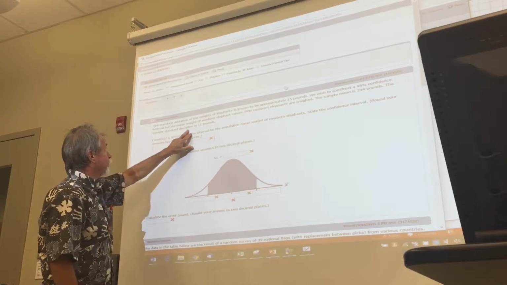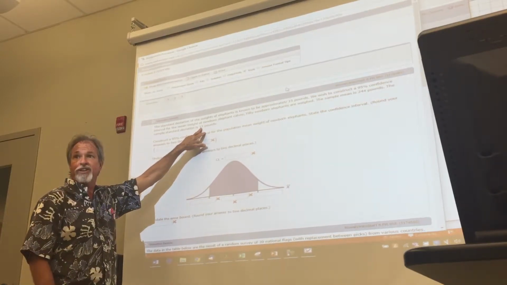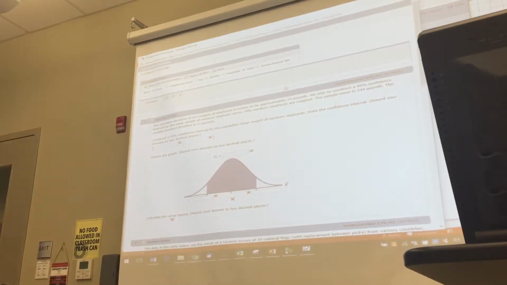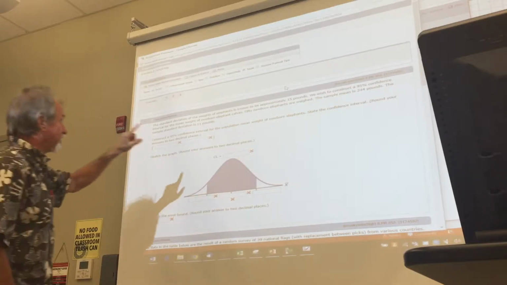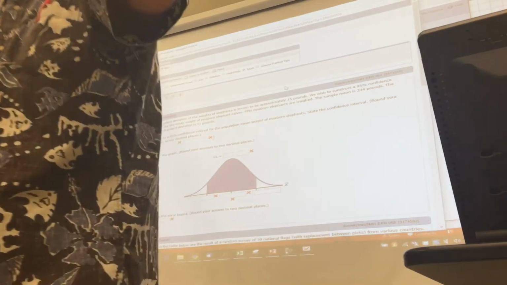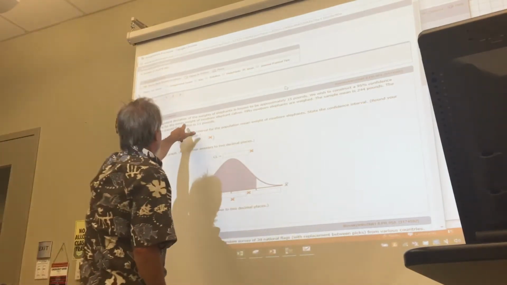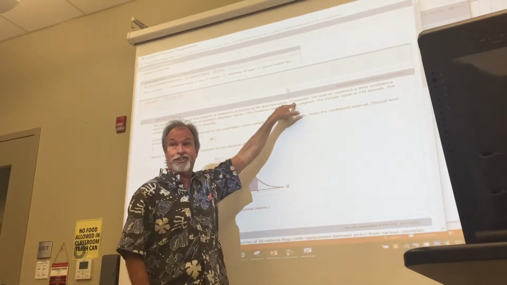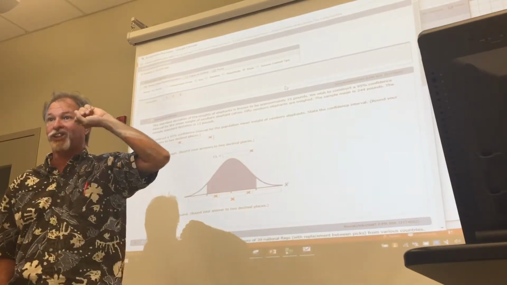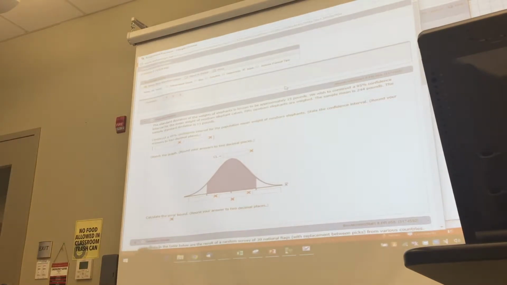And it says that the standard deviation is, what's that the standard deviation of? The sample. It's the standard deviation of the sample. See, this is why I'm saying you've got to pay attention to what you're doing, because here they said the standard deviation is 15, and here they say the standard deviation of the sample is 11. So we know that the standard deviation of the population is 15.